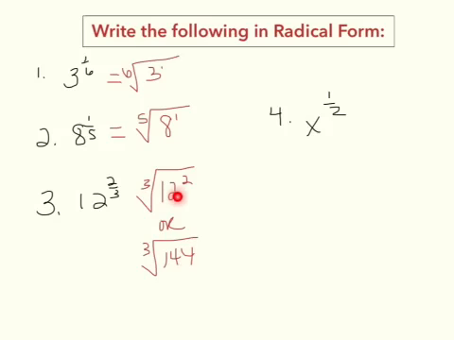You can leave it like this too. The next one, instead of a number, now we have a variable. So it's the square root, or you don't have to write the 2, of x to the power of 1. Or again, you could just write it, the square root of x. So make sure that you understand how we change from rational form to radical form. If you need to redo these examples or watch this again, then do so.